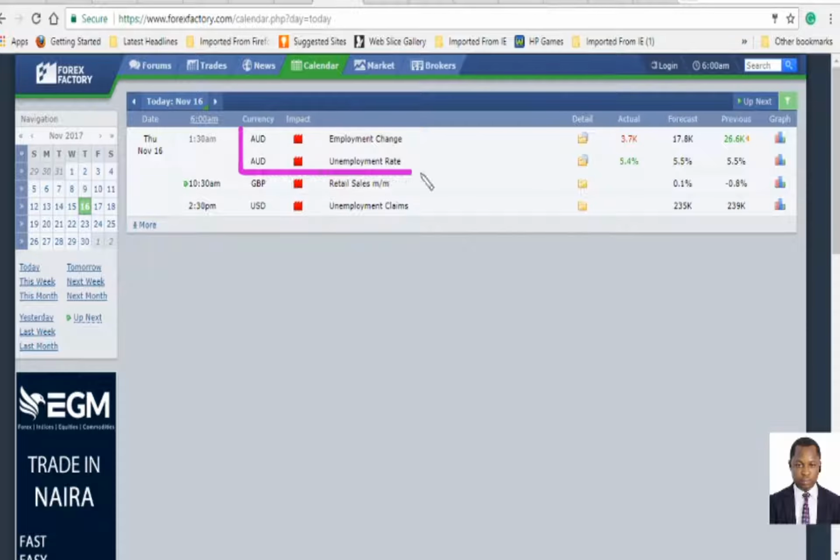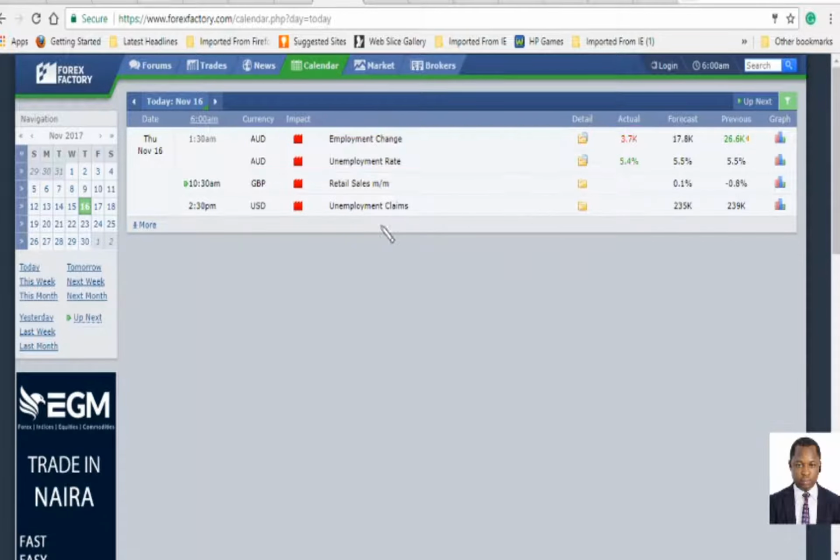I am sure you must have noticed some heavy volatility in Australian dollar crosses due to the employment change and unemployment numbers that were pumped into the market. One was better, one was bad, and the other was better. In that respect, you might just see price flip up and down and settle down.